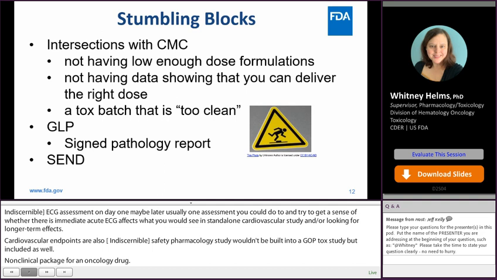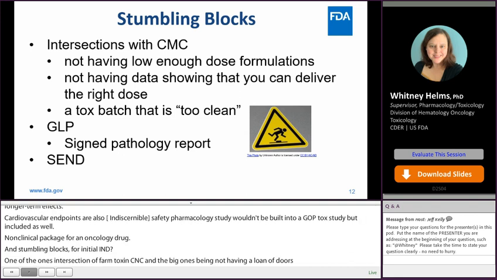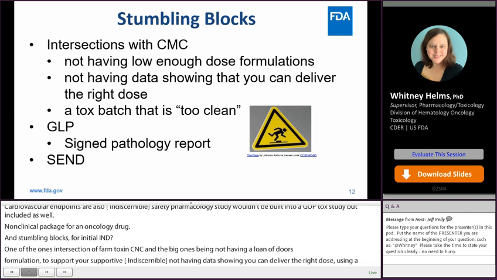The big ones being not having a low enough dose formulation to support your starting dose, not having data showing that you can deliver the right dose, or using a tox batch that is too clean, because we don't have to have exactly the same impurity profile as your clinical batch, but we want to make sure that the tox batch is representative of the clinical batch, and that if there are any major impurities at high levels, that they have some coverage, at least at the starting dose, to support development.